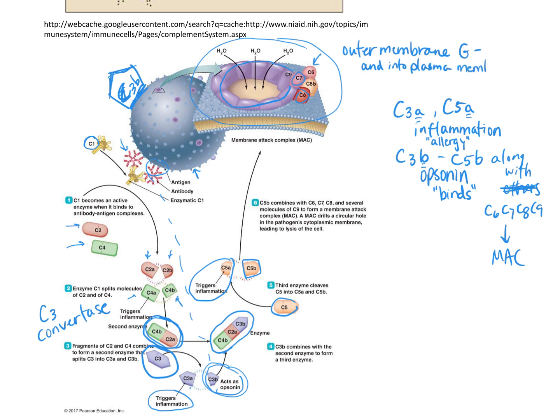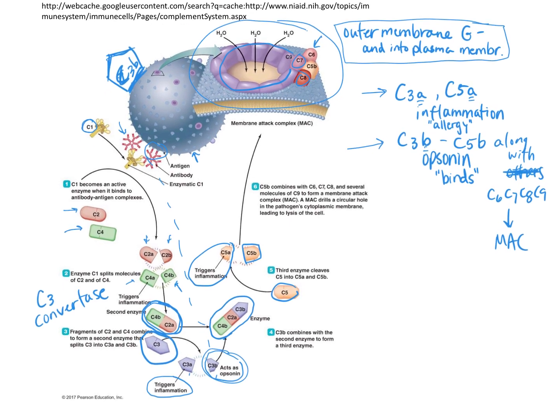We think that this primarily happens with gram-negative bacterial cells. Gram-positives have such a thick layer of peptidoglycan that it doesn't really affect them so much. So membrane attack complexes are primarily acting on gram-negative bacteria. These other bits, the C3A, the C3B, the C5A, those are all acting on gram-positives as well as gram-negatives.